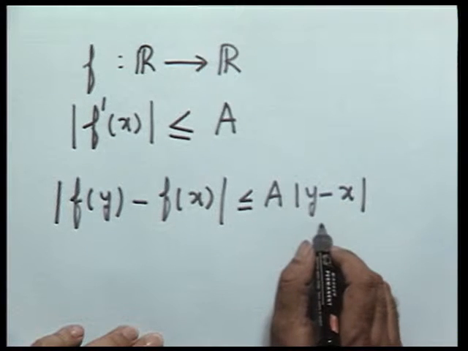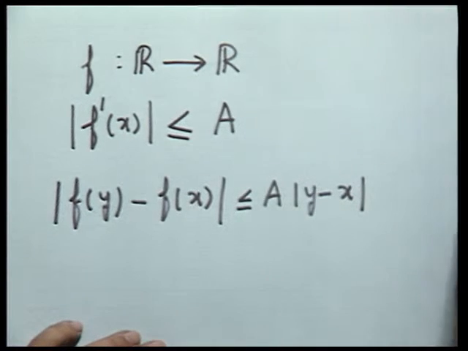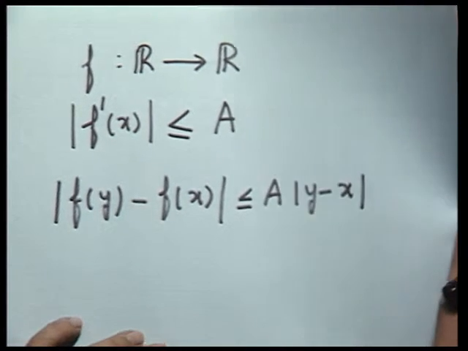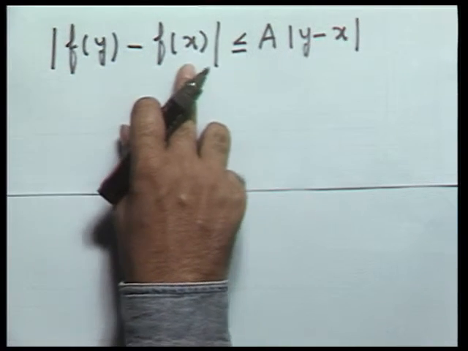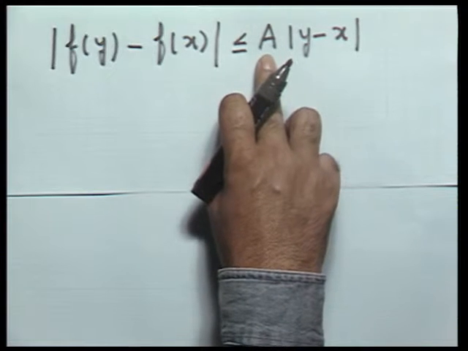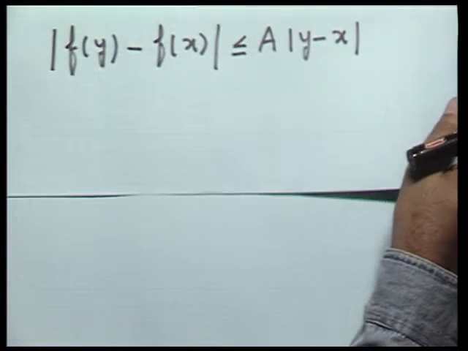This is known as a Lipschitz condition for the function, and it is very easy to derive. Let me just show you how it is derived. It is a simple application of the mean value theorem. This is what I need to prove. I need to prove mod of f y minus f x is less than or equal to A times mod of y minus x, where f is such that its derivative is bounded by A in absolute value.